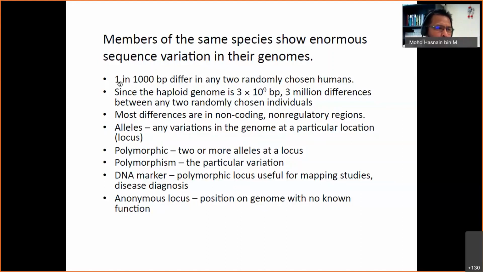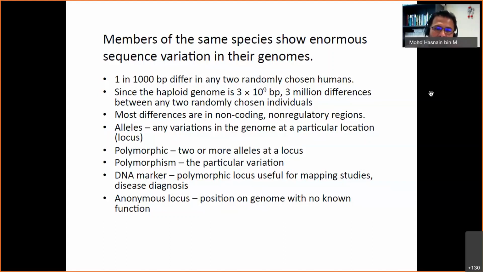So 1 in 1,000, with a human genome of 3 billion, means all individuals have about 3 million differences in terms of the DNA between us. You, your friend, between you and me, we have 3 million differences. You can use this when you talk with your friends, especially those who do not sit for this class.